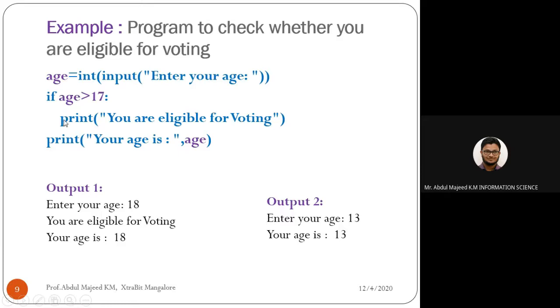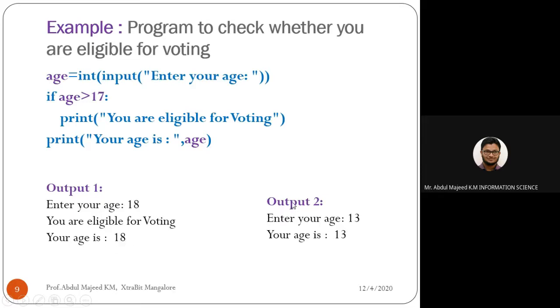Then control goes to the next executable statement, that is print statement, your age is 18. See the difference. So this print is part of if statement, this print is outside the if statement. Okay, so it will execute the statement and it will terminate. So you are getting, you are eligible for voting, your age is 18.